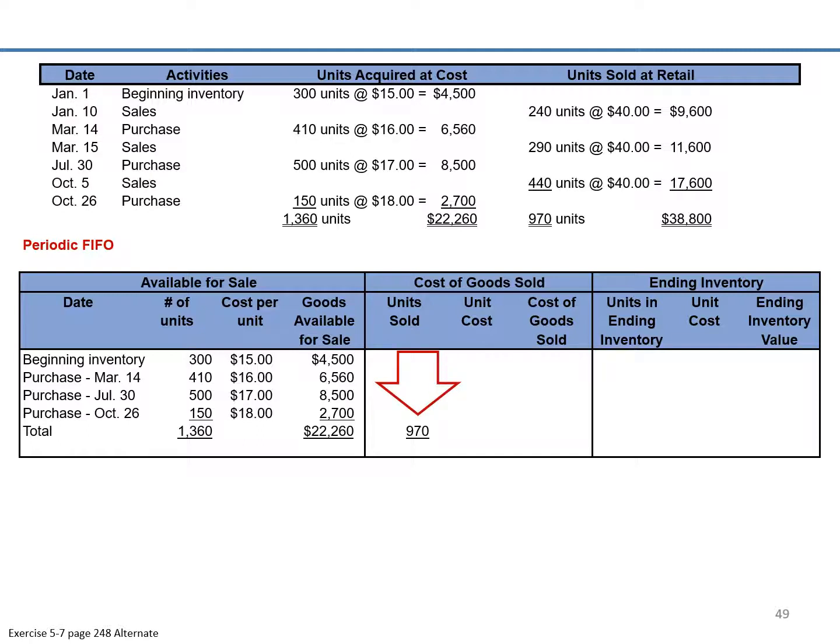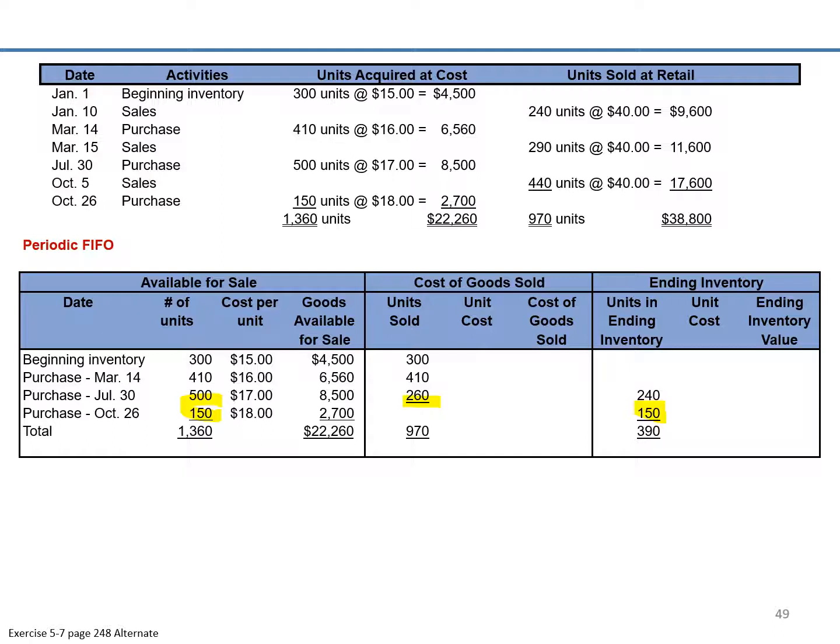So all 300 of our beginning inventory, all 410 of our March 14th inventory, and 260 to get to the total of 970 of our July 30th purchase, which means we've got 240 left from our July 30th purchase. We started at 500. We sold 260, so we have 240 left. And then we have all 150 of our October 26th purchase because we didn't sell any of those, right?